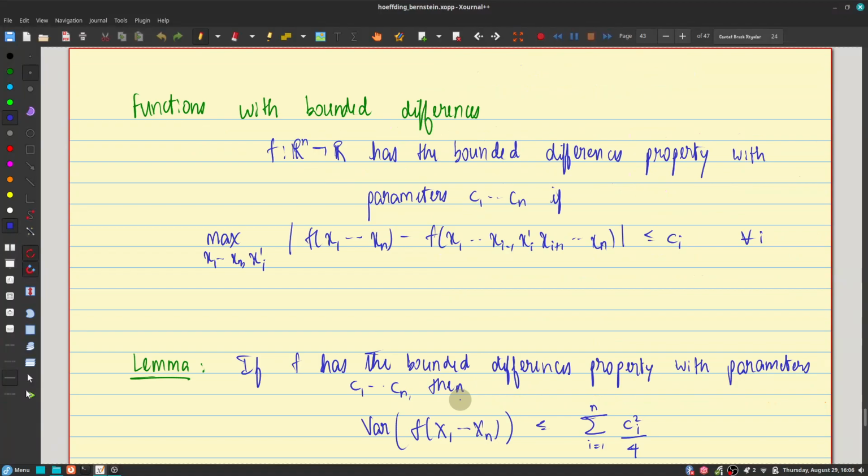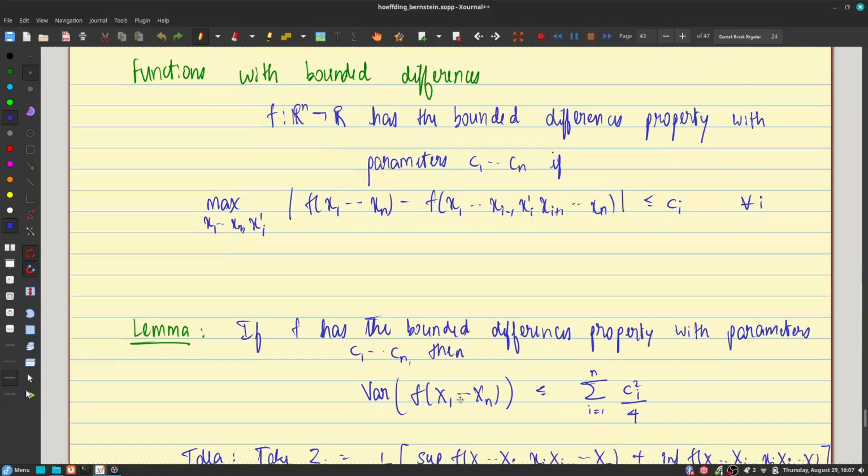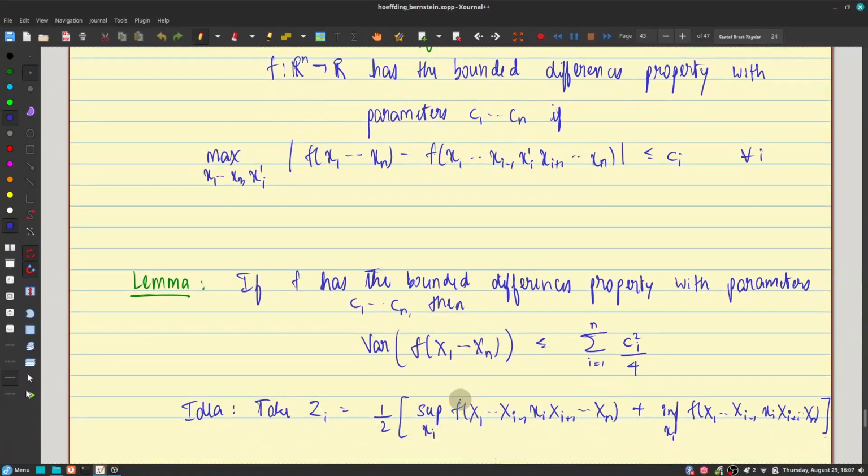So changing the value of one variable doesn't deviate the value of the function by too much, right? And by using the Efron-Stein inequality, we can prove that if a function has the bounded differences property, then we have this upper bound on the variance.